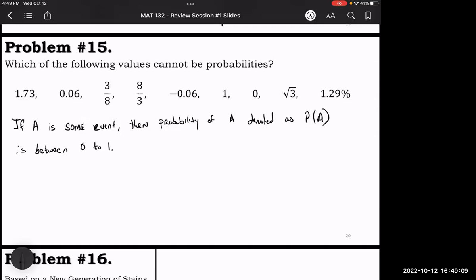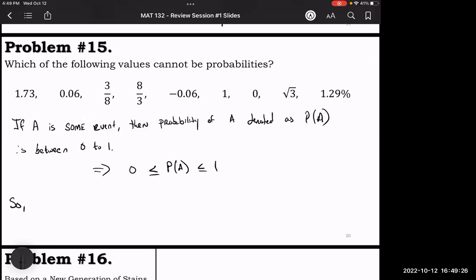And we include the 0 and 1, right? As an inequality, it looks like this: 0 is less than or equal to the probability of A, less than or equal to 1. So any value that's negative or any value that's greater than 1 cannot be a probability.